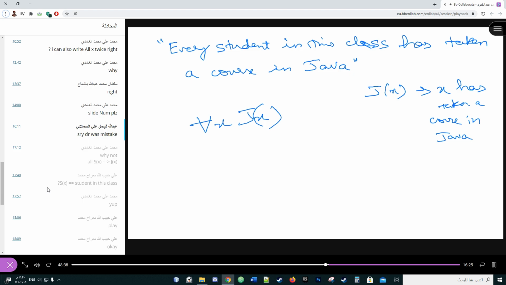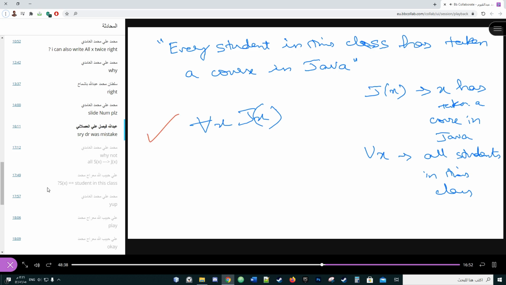So you have for all of X, J of X, and Sultan says my domain X is all students in this class. So he writes this: for all X, J of X. This is a complete and correct answer.